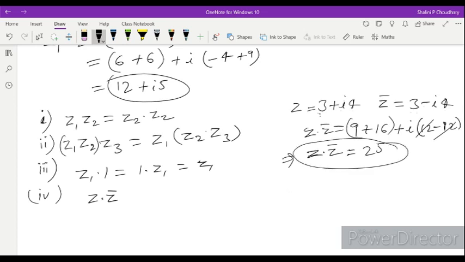There will be no i, so that's why z into z bar is a real number.